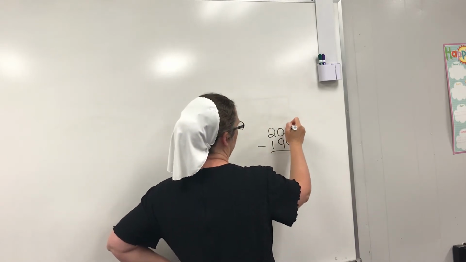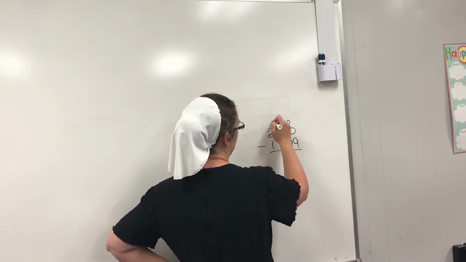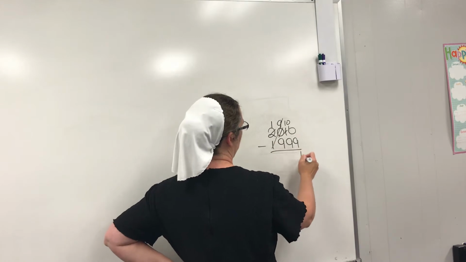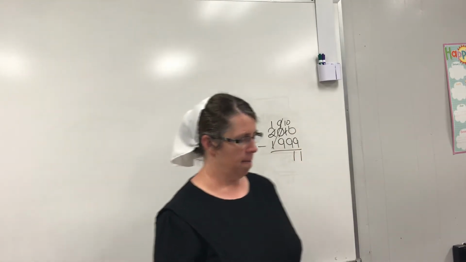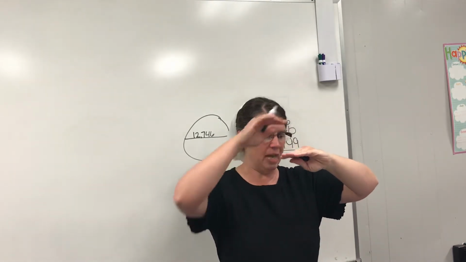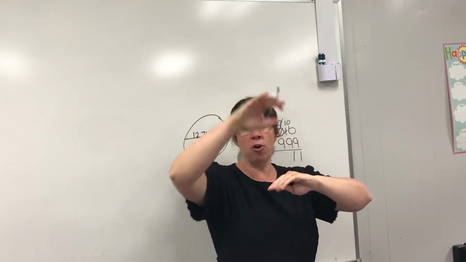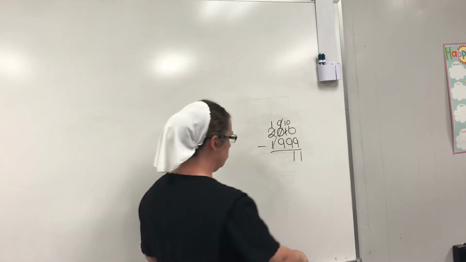We need to borrow. All right, these are all going to cancel out. 10 take away 9 is 1. 10 take away 9 is 1. And we have September 1st. Her birthday was July 16th, and we're already on September. So she's already had her birthday. So that means she's 11 years old.